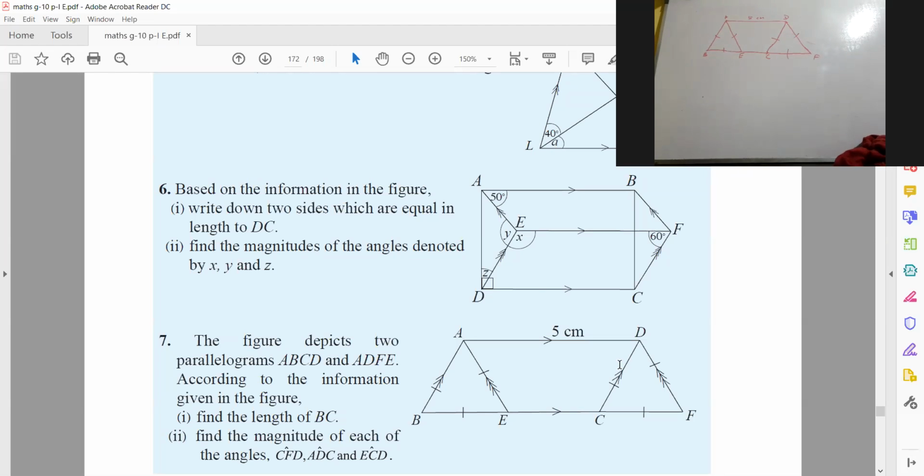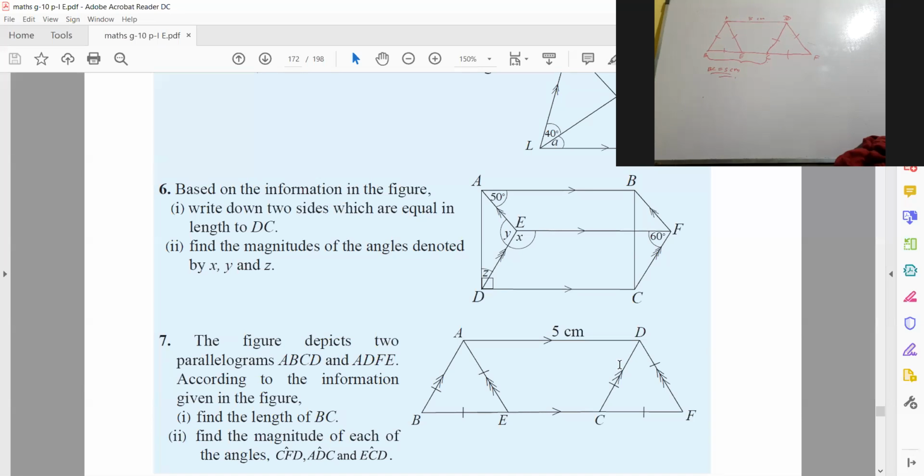Now the first question is find the length of BC, right? Here it's given that the figure depicts two parallelograms ABCD and ADEF. Now for the first part, you can consider the parallelogram ABCD. You know the opposite sides of a parallelogram are equal to each other, right? Now here AB is given, AD is given as 5 centimeters. Therefore, it's very easy. You can see BC is the opposite side of AD. Therefore, it is also equal to 5 centimeters, right?